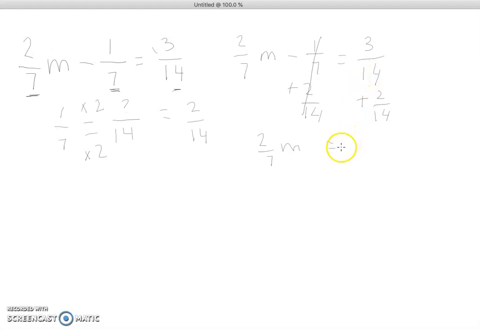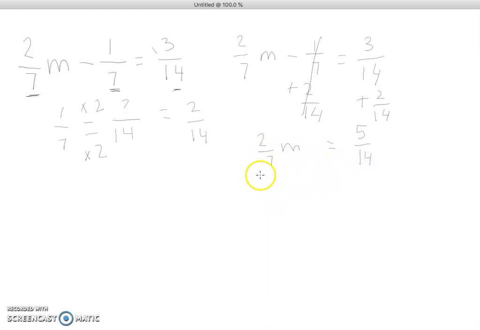Remember, the denominators don't get added up. They stay as the same number. If they are the same down here, then they just stay the same. So we're just going to add 3 plus 2, which is 5 over 14. So 2 over 7 m is equal to 5 over 14.